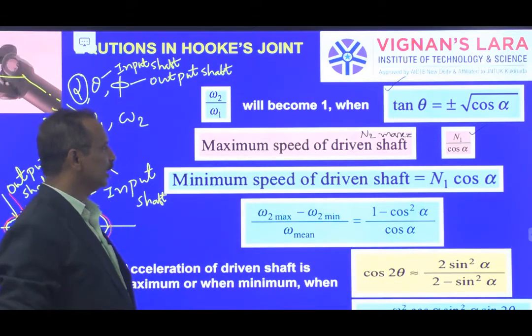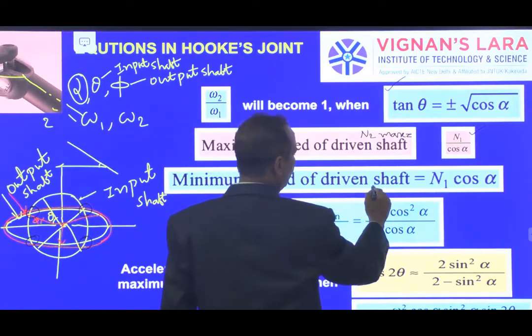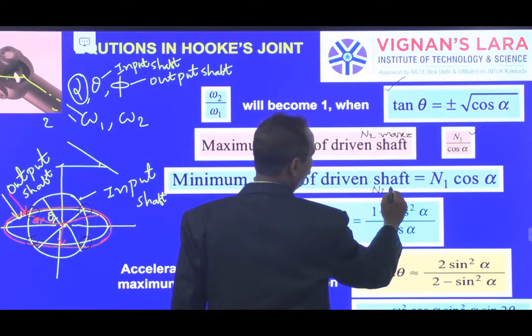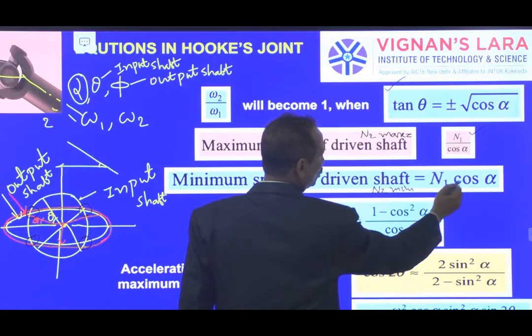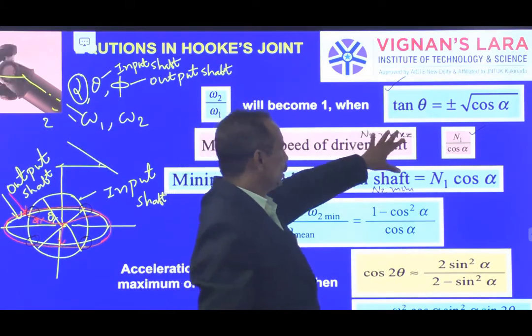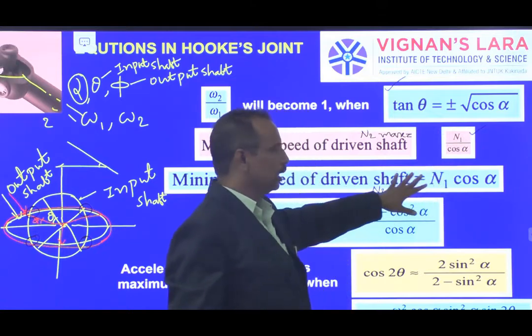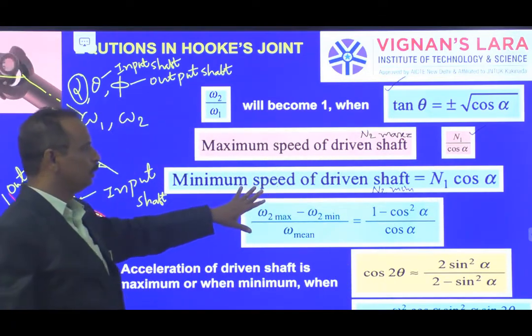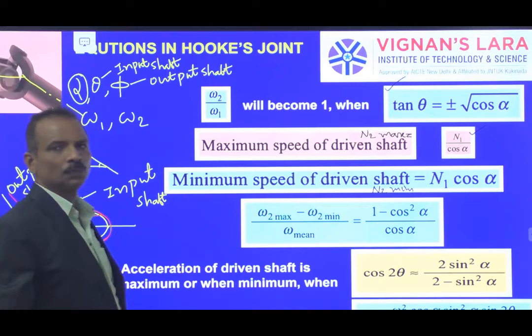Then the minimum speed of the driven shaft, N2 minimum, is equal to N1 cos alpha. So these equations are going to be used in problem number 1 which we are going to solve.